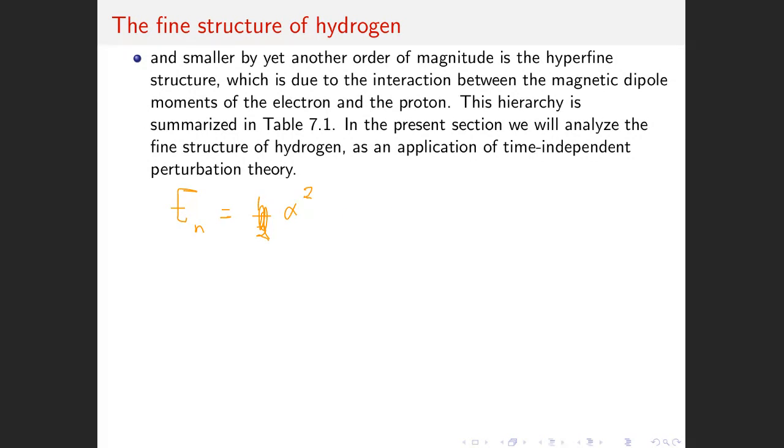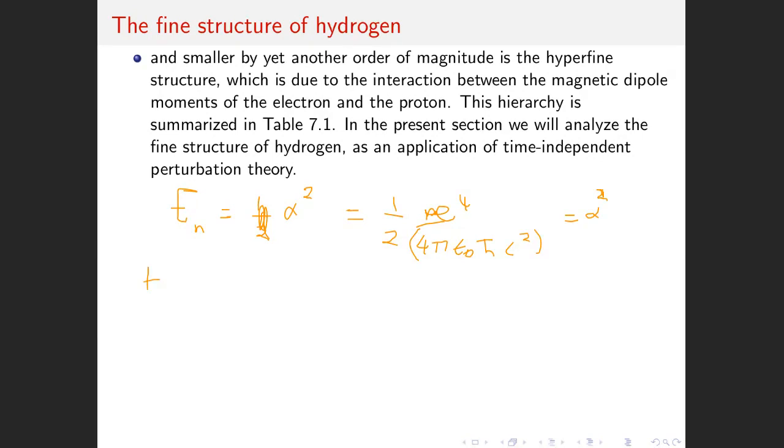Let's just see. If you write everything out, you get 1 over 4 pi epsilon 0 h bar c squared, I think e to the 4, and this is just alpha squared, right?